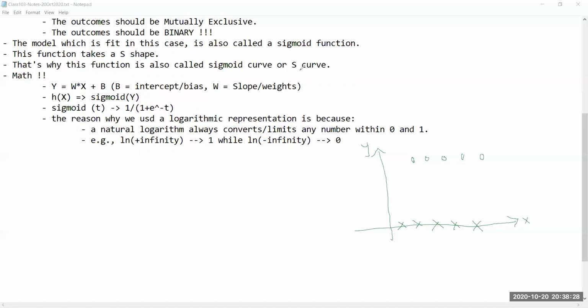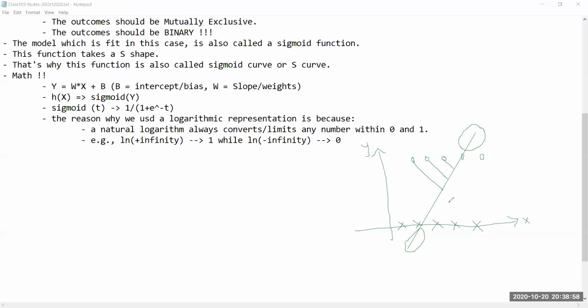Then fitting a straight line through this is not going to solve my problem because there is this portion and this portion which is not explaining my model very well. And if I take the distance from my regression line to each and every one of these points, that's how I calculate the sum of squared errors.